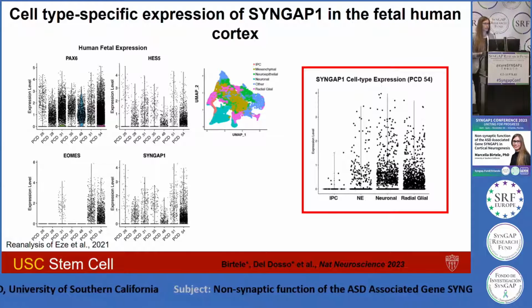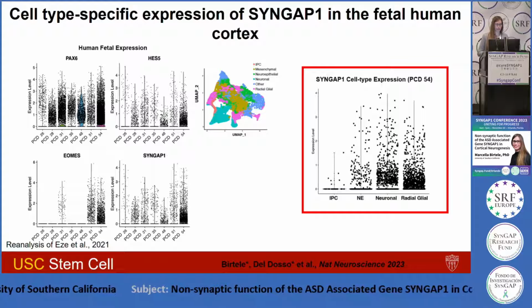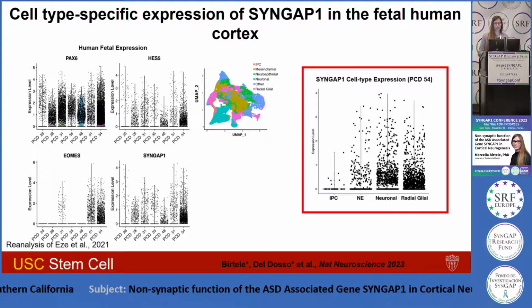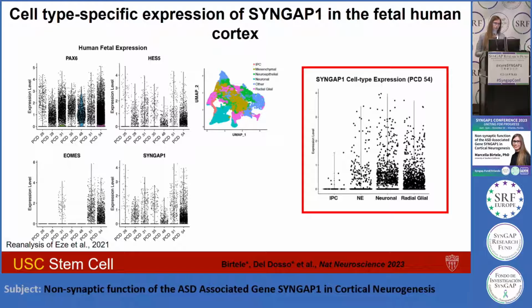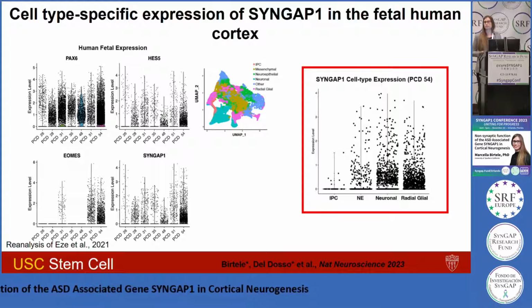As you can see here on the left side of the slide, if we look at the SYNGAP1 RNA expression over different post-conceptional days, we have an increase in expression of SYNGAP, and this is in line with the already known function of SYNGAP in mature neurons.